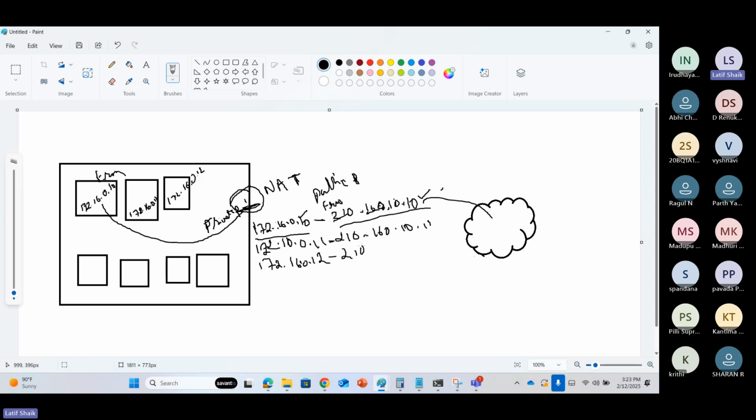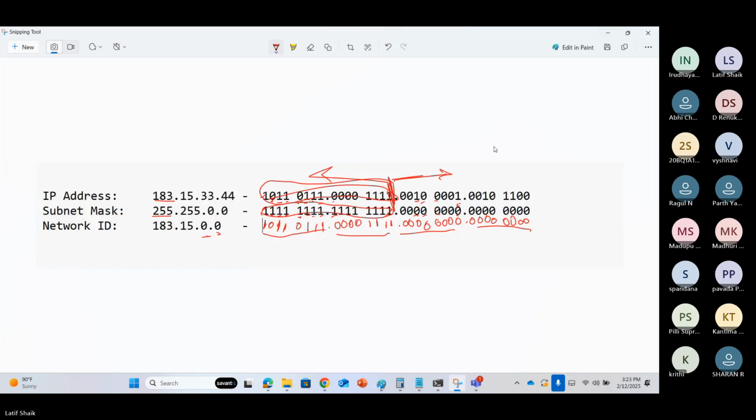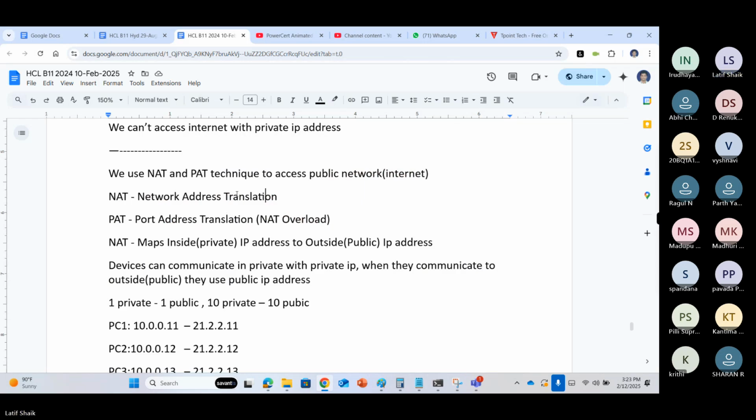Then we need 10 public IPs. 10 public connections required, 10 public IP addresses are required. It's like one-to-one translation. That is actually a static NAT.